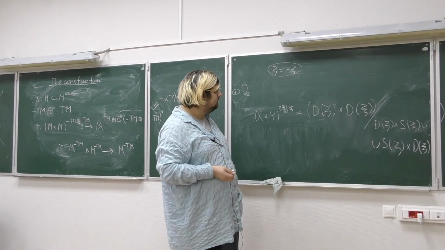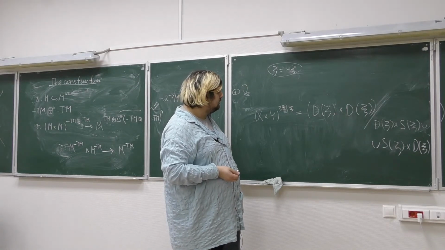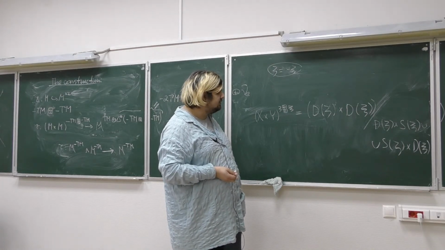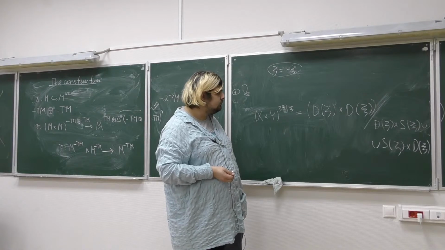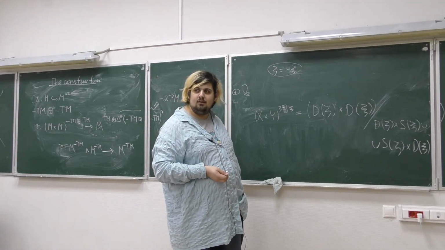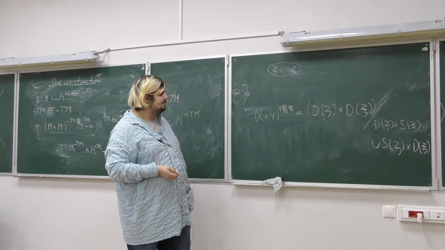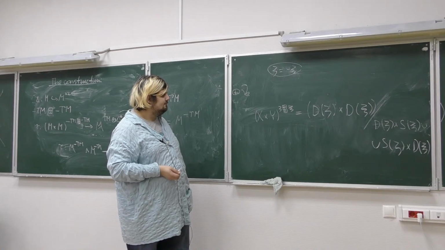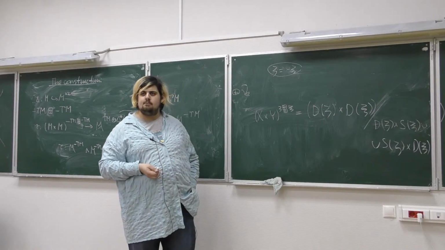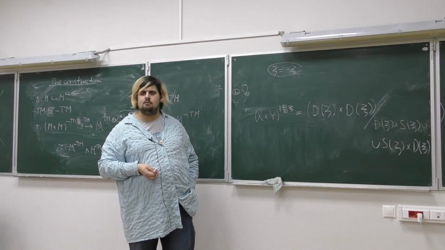Okay. Well, for spectra, it is, I think, also straightforward from the description for spaces, no? Yes, let's try to do this explicitly if possible. What do you mean by this spectrum?